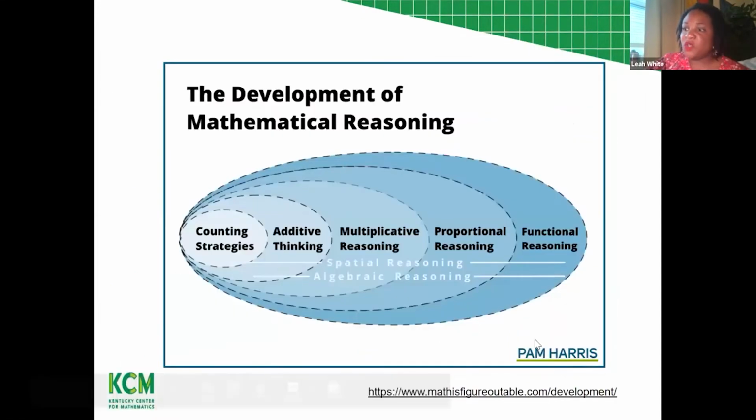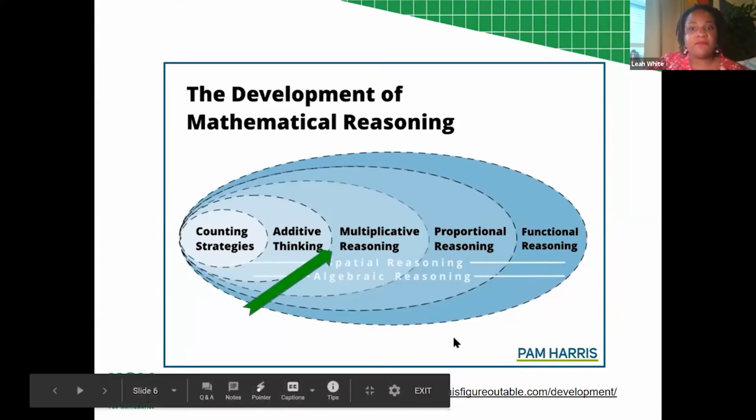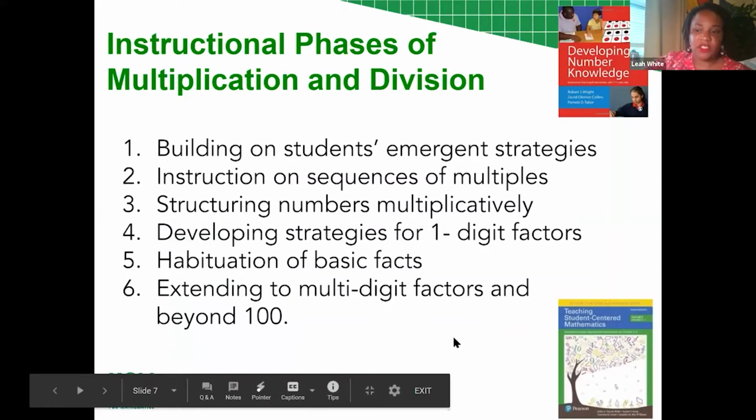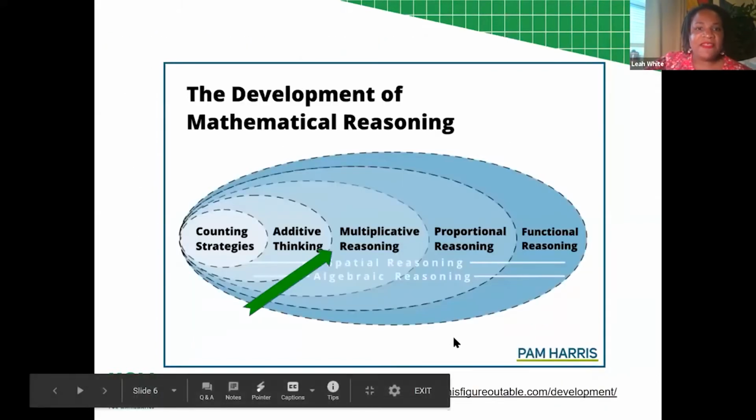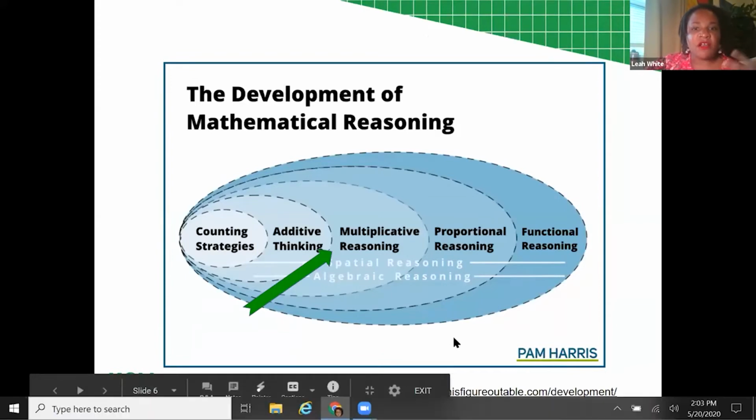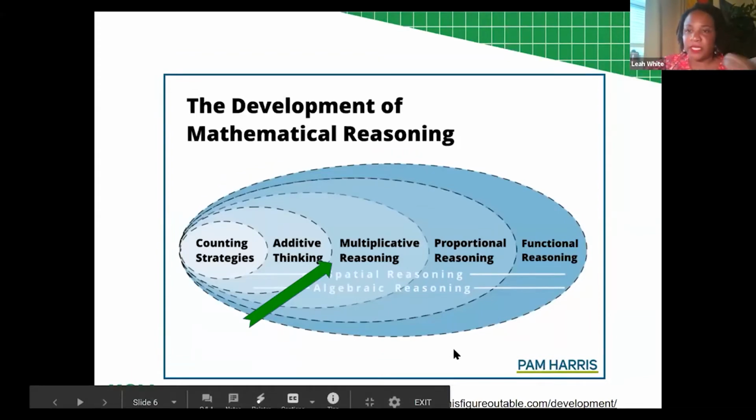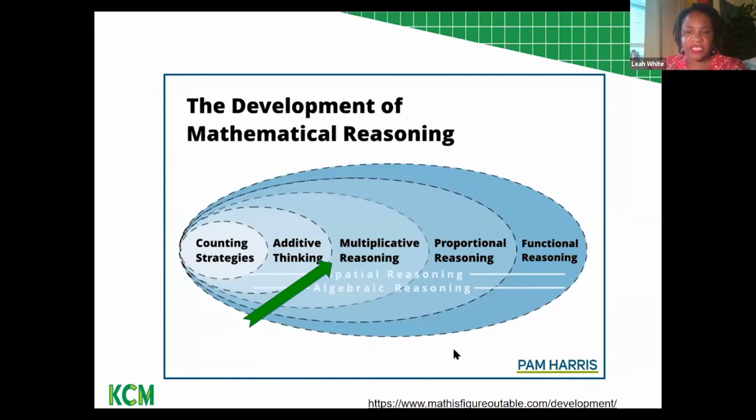So if we're continuing with this same research that we've talked about earlier this week, we are definitely looking at mathematical reasoning in terms of multiplication. What we mean by that is we are constantly using those algebraic and spatial reasonings throughout this continuum.